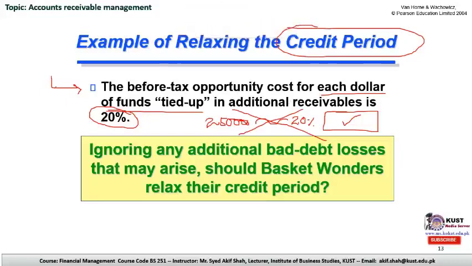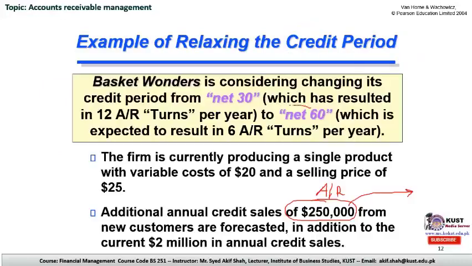Additionally, the question is stating that we have to ignore any additional bad debt losses, as we know that if we are relaxing our credit period towards net 60 days, then ultimately there are highly likely chances that the credit customers are going to default on their payments to the company, and a certain percentage of account receivable will turn out to be a bad debt loss.